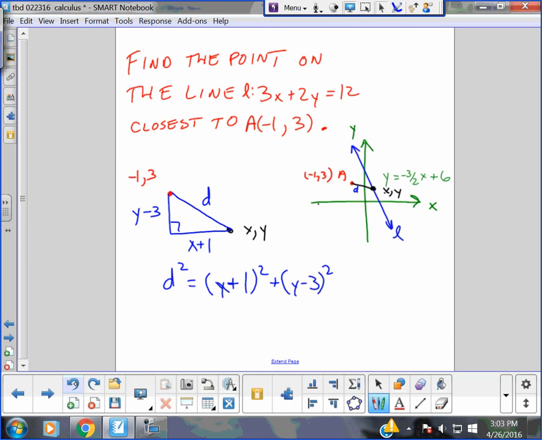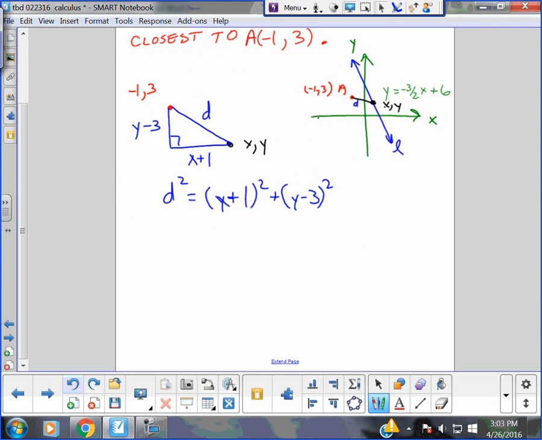And I can save myself taking the square root. Now let's call little d capital D, and I want to optimize that. I want that to be as small as possible. That equation, D equals the quantity x plus 1 squared plus the quantity y minus 3 squared.